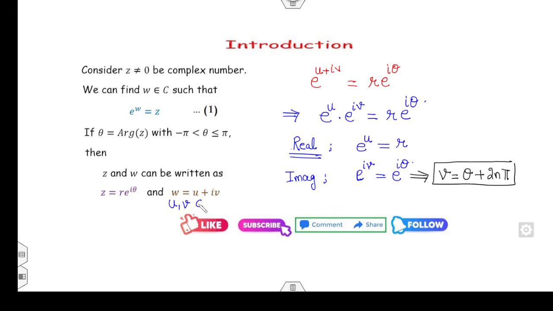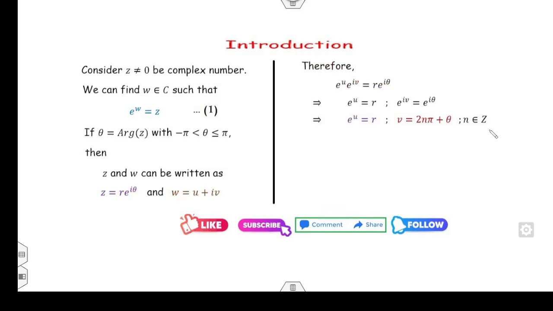And make sure, students, that u and v are real numbers. Clear? Now you see, because u is real, as in real analysis you can find the value of u. So u will be ln of r. Fine. If u is ln of r and v is 2n pi plus theta, can you find the value of w? w is u plus iota v.